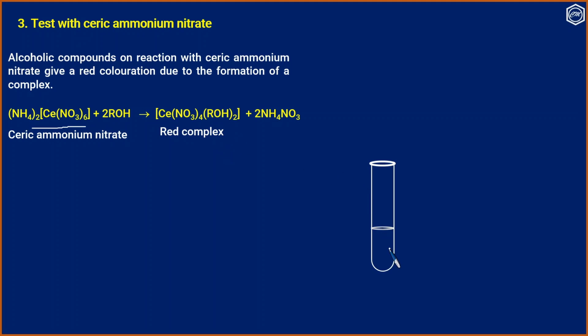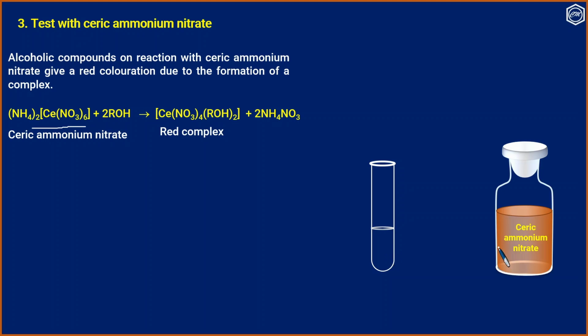We take about 1 ml of the solution of the given substance. If it is a solid, we make a solution in a suitable solvent. And this is ceric ammonium nitrate. We add a few drops of ceric ammonium nitrate to this solution using a dropper.